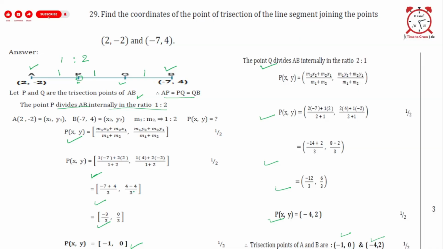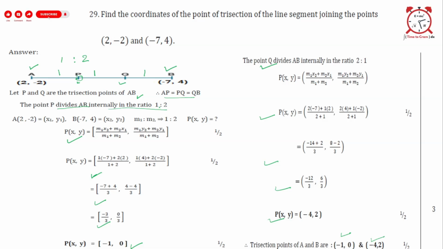They are finding the answer, but leaving the values as x and y only. So this is an incomplete answer, and this leads to deduction of marks. Keep this in your mind, because in the beginning of the video we discussed which steps fetch more marks.